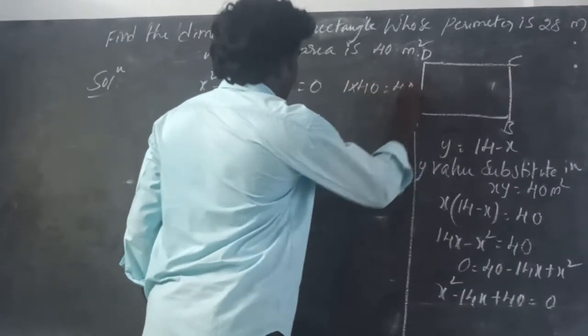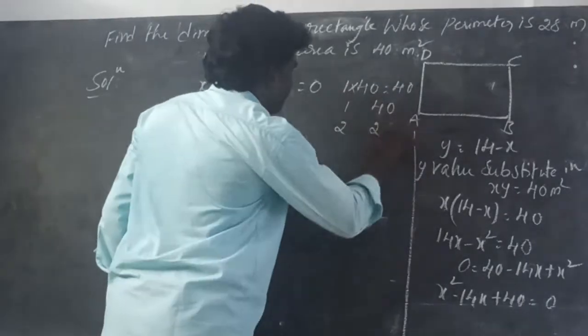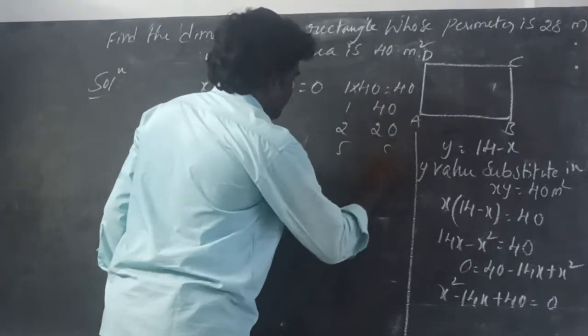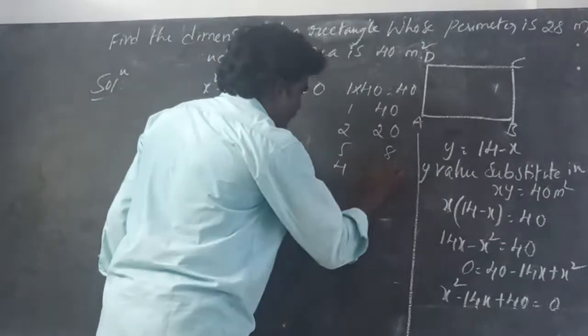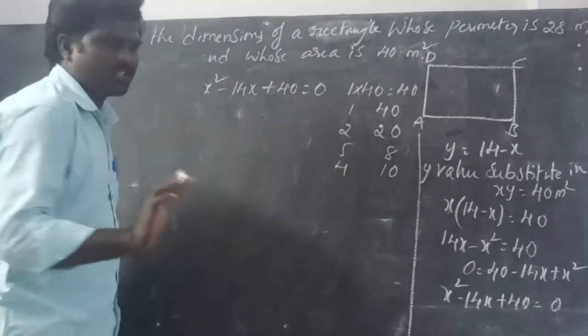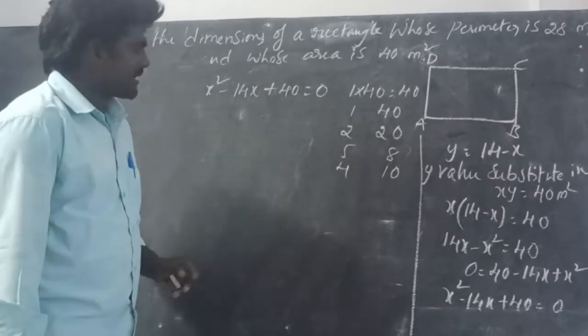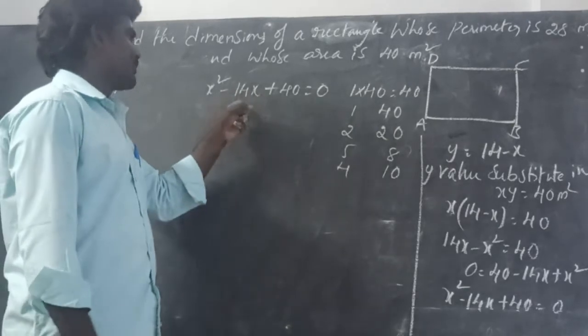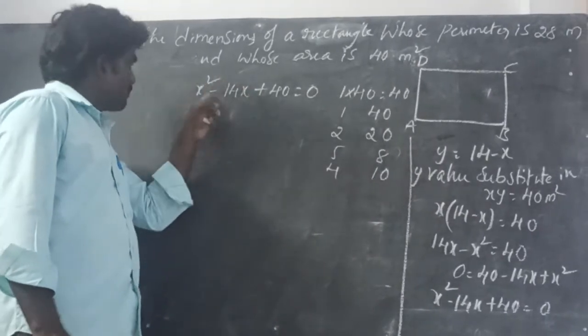What are the factors? 1 and 40, 2 and 20, 5 and 8, 8 and 5, 4 and 10, 10 and 4. In these factors, we take any two factors whose sum or difference becomes the x coefficient. Here the x coefficient is minus 14.